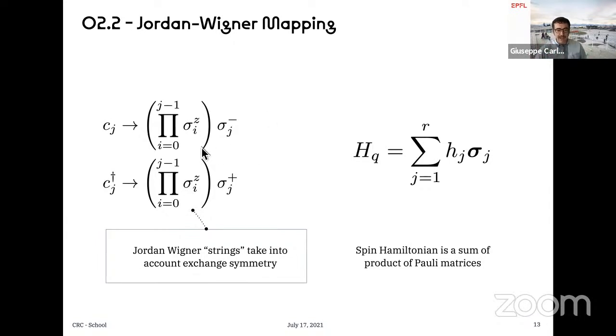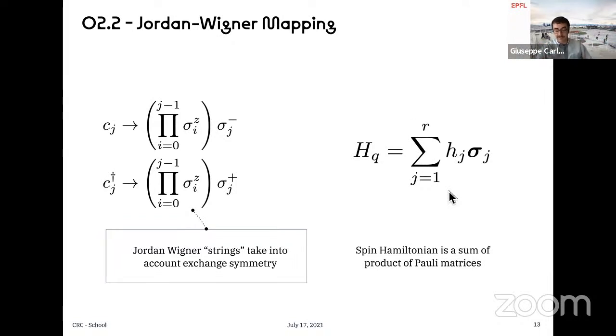In practice, you can always convert a fermionic Hamiltonian into a spin Hamiltonian. The price is that the Hamiltonian is strongly non-local, in the sense that you have n-body interactions. This is highly non-physical from the spin point of view, because these interactions can be extremely long range.